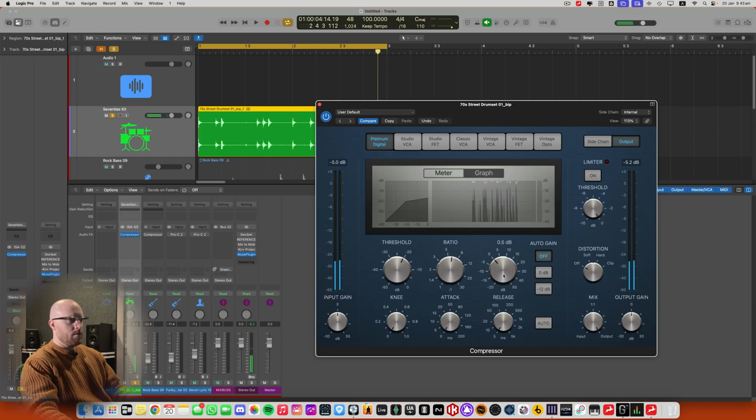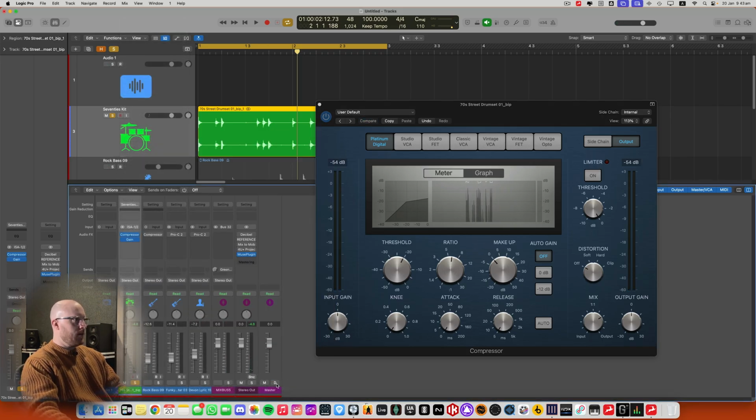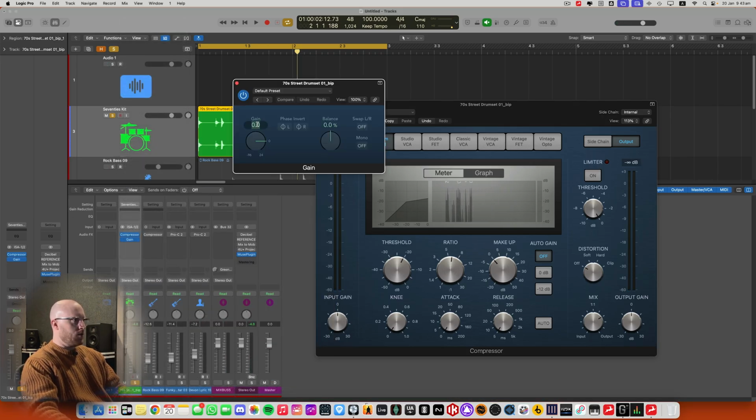So I can put some of that back in. Now, in fact, this compressor, the fine tuning isn't great, so I can only go by half a dB increment. So for the sake of gain matching identically, I'm just going to do it on a gain control here.